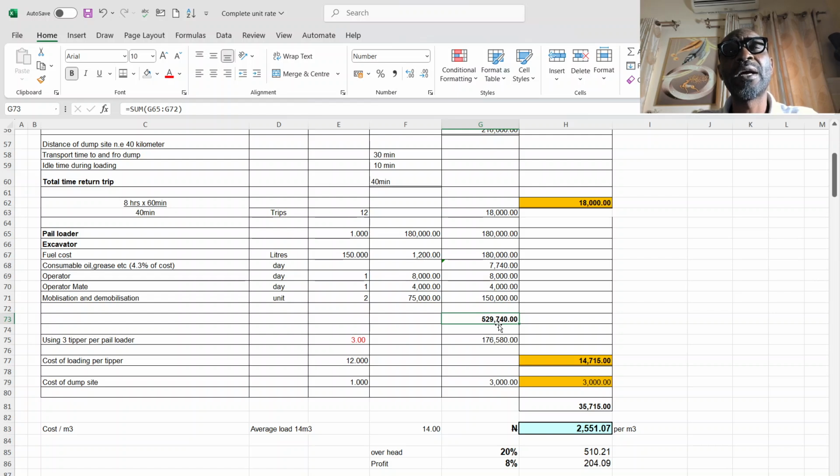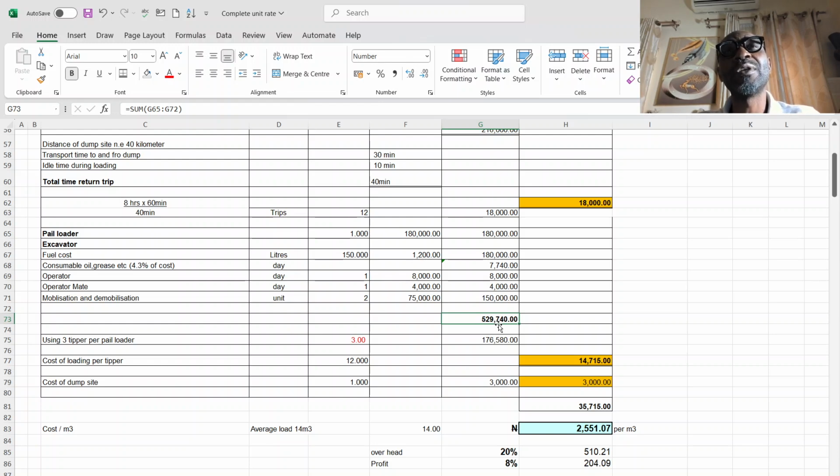And like I said, when you are deploying equipment of this magnitude, there is the need for you to utilize it maximally. And for you to utilize it maximally, you need to deploy the other associated equipment enough for it to work maximally. Say you are deploying a tipper truck for a payloader.